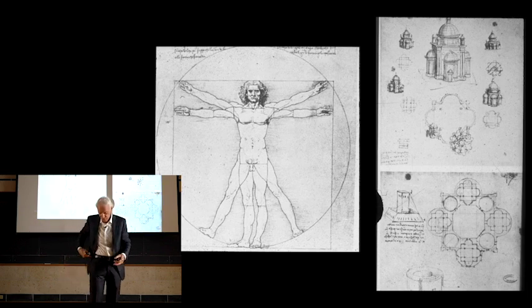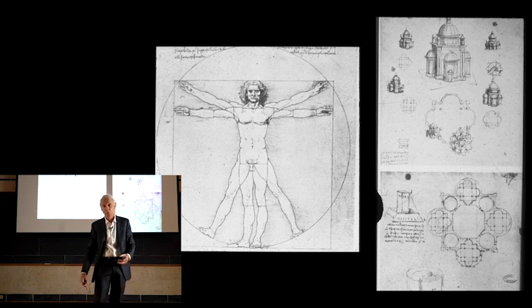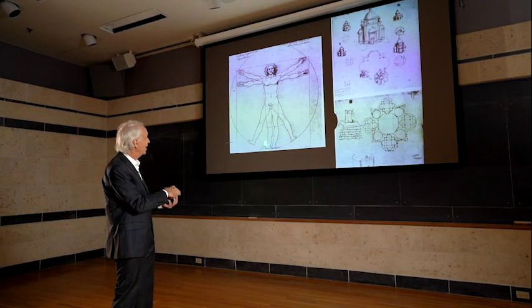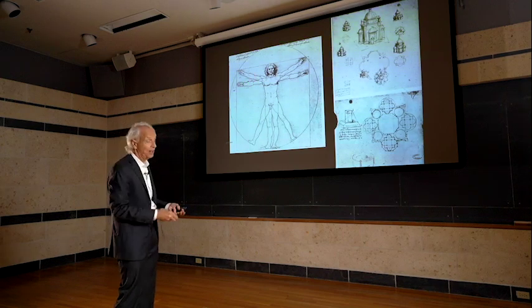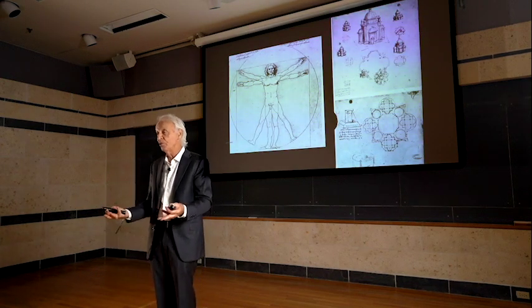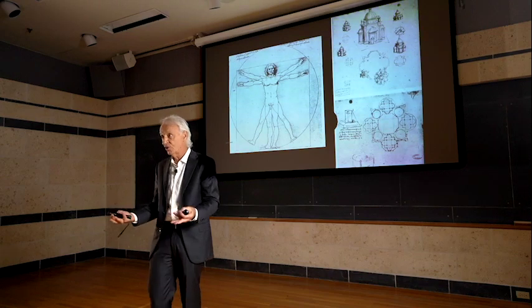The length of your leg to your knee compared to the full height of your leg, it's 0.618034 to 1. So he's finding in the human body all of these various proportions that are tied to the golden proportion. He's finding these geometries that are tied to the square and the circle.